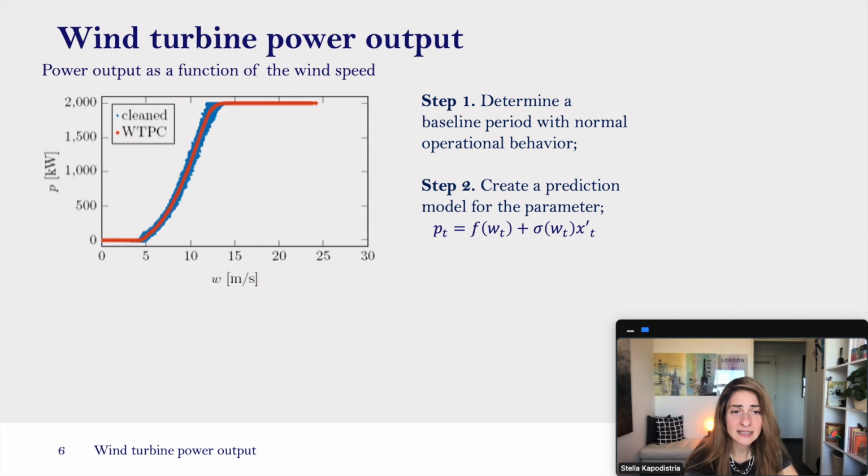If the wind is too low, there is no power output. If the wind is too high, and what counts as too high depends on the specifications of the wind turbine, then you achieve the maximum power output for that wind turbine. And in the middle, it behaves like a cubic logistic function.